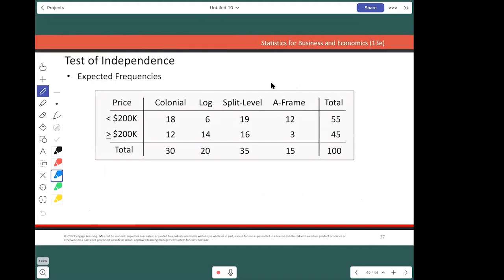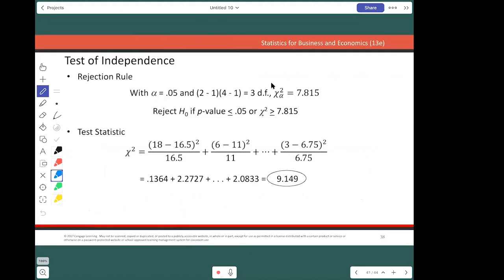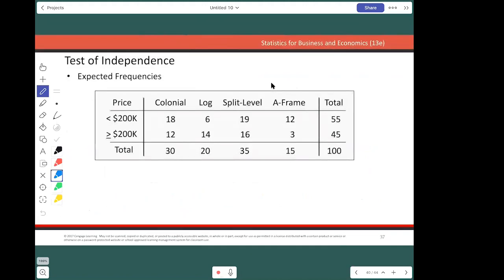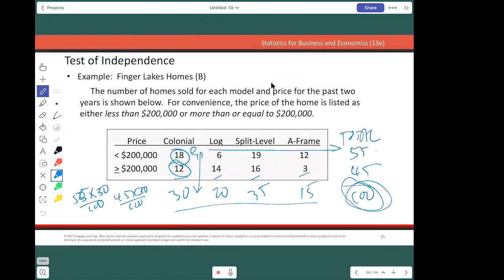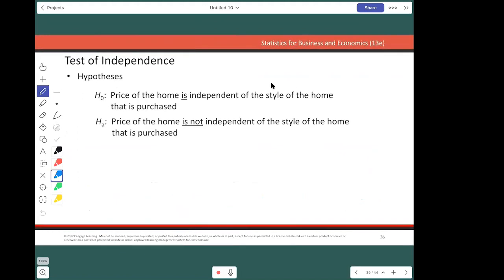So here it says expected frequencies, but those are not the correct expected frequencies. Those are wrong, because 18, 6, 19, 12 happen to be the same as the observed. They have to actually calculate that.